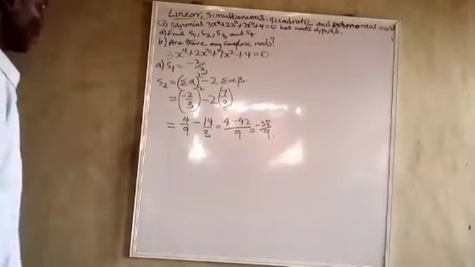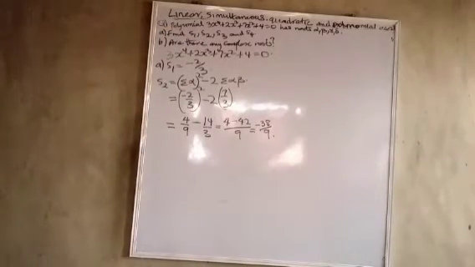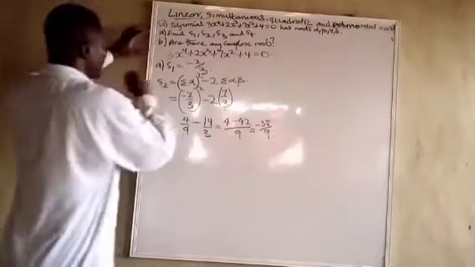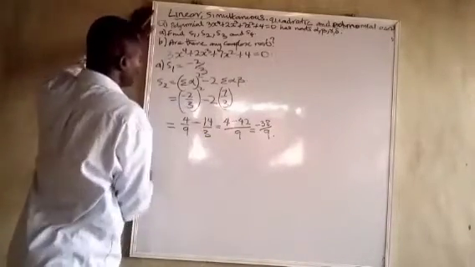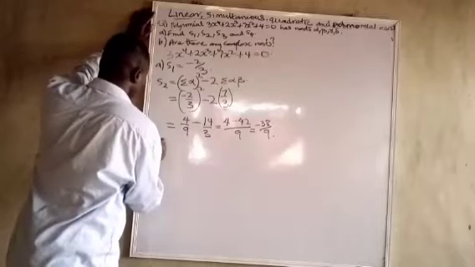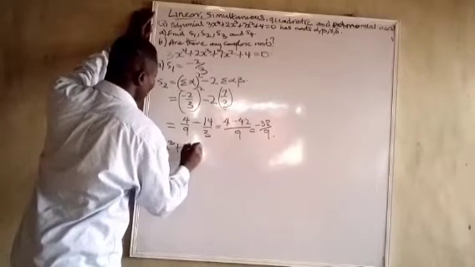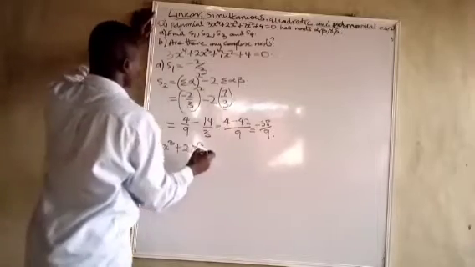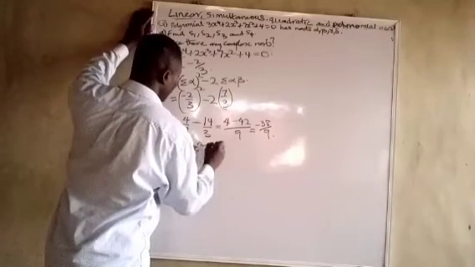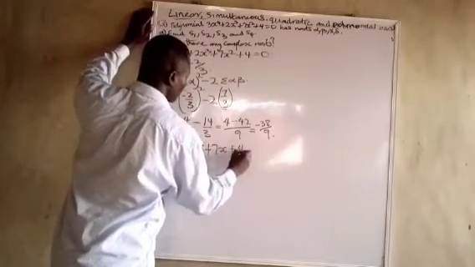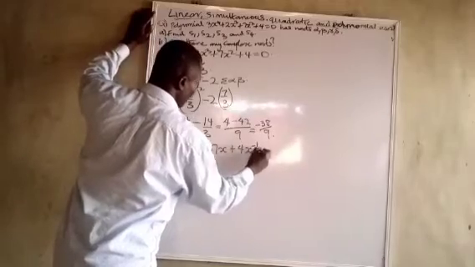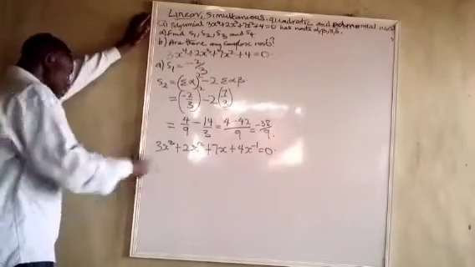So that's our S2. To find S3 conveniently, we use recurrence. So to use recurrence now, let's divide through by x. We are going to have 3x cubed plus 2x squared plus 7x plus 4x raised to the power minus 1 equals 0. So let's express in terms of s.